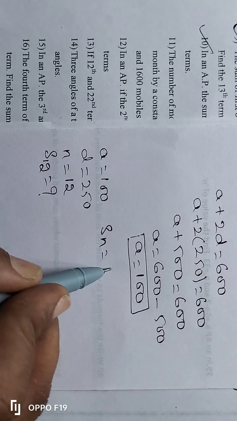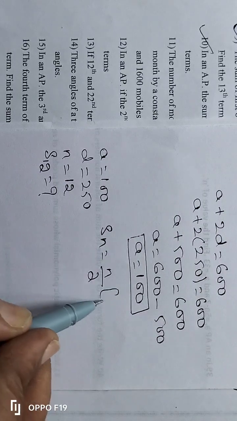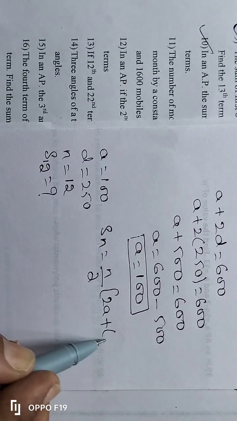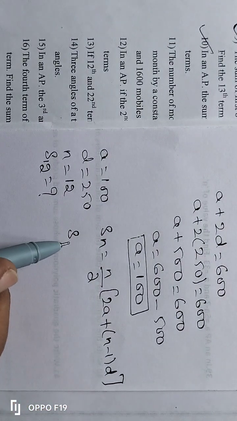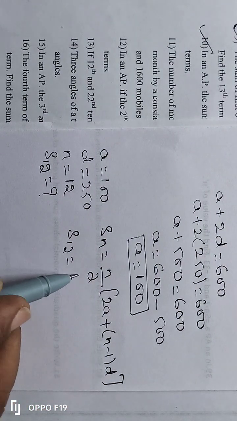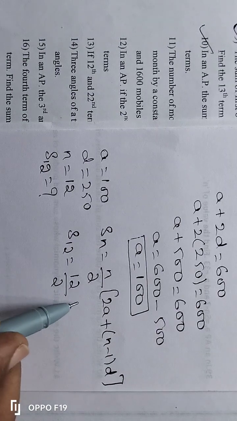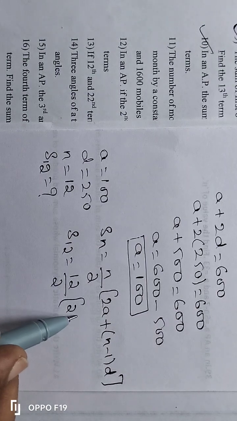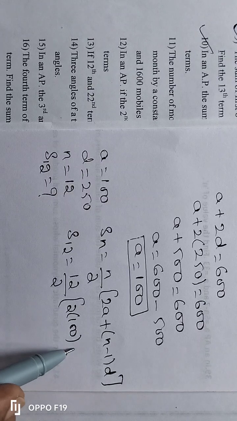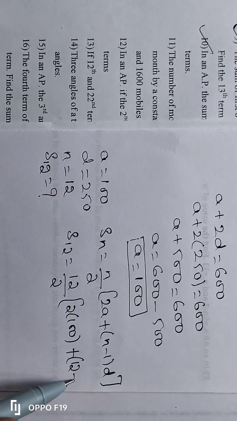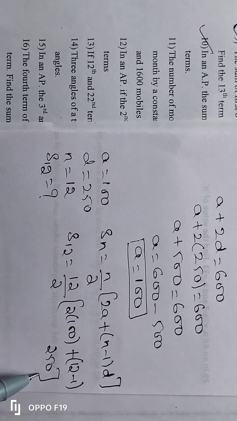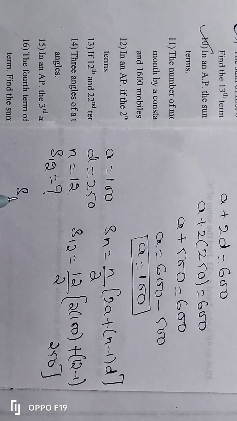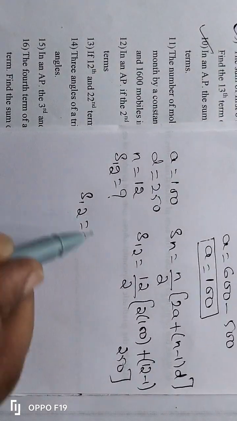So Sn is equal to n by 2 into 2a plus n minus 1 into D. N means 12, so 12 by 2 into 2a, A is 100, plus n is 12 minus 1 into D is 250. So now S12 is equal to, what is 12 by 2?